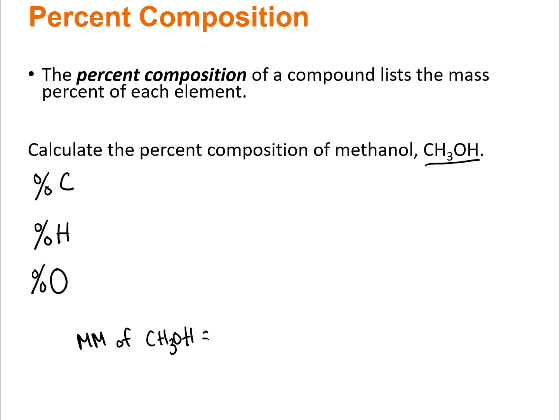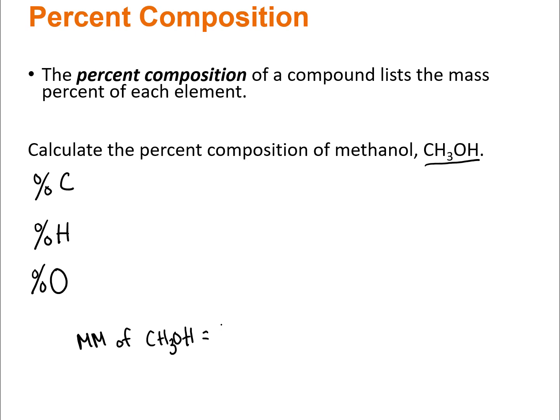As a refresher, take a minute and calculate the molar mass for methanol. If you don't remember how to do that, that's okay, but dig through your notes and you can put your answer in the chat. Yep, that's about what I got. So I'll write out how we got there.